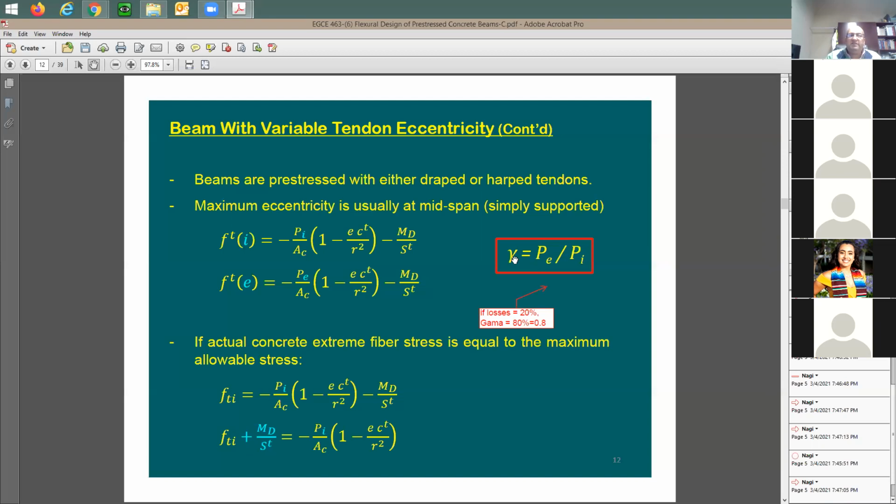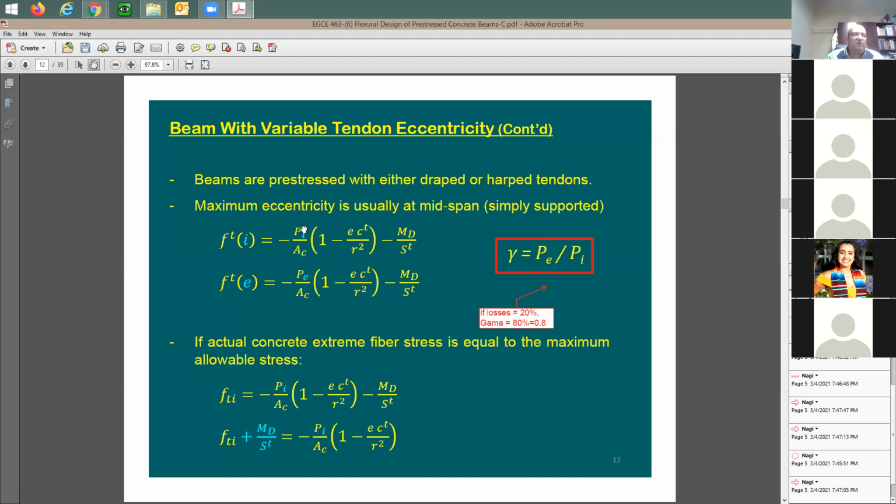Now, let's just assume for a second that dead load was just there. And what happened? The stress dropped from Pi to Pe, correct? It could happen. You just leave the beam in the yard, you put it in the factory, you cast the concrete, you put the pre-tension or the post-tension, and you just leave it there. And all you have is going to be the only self-weight.